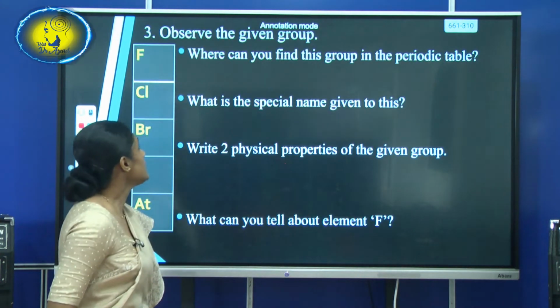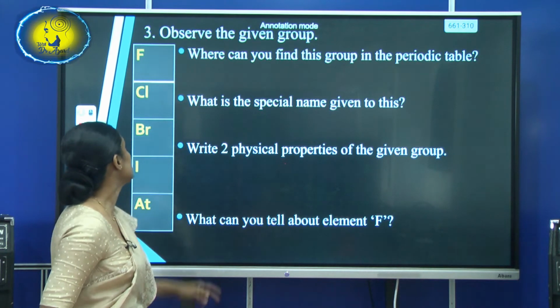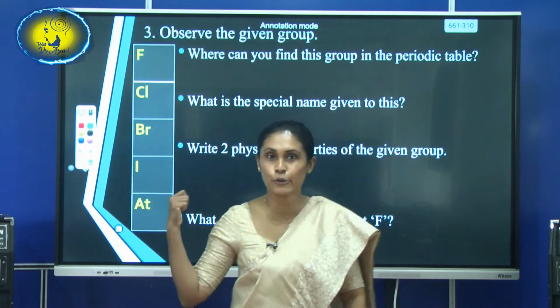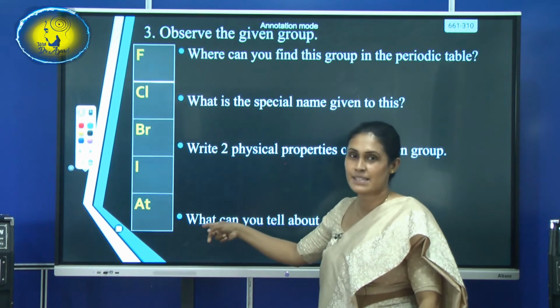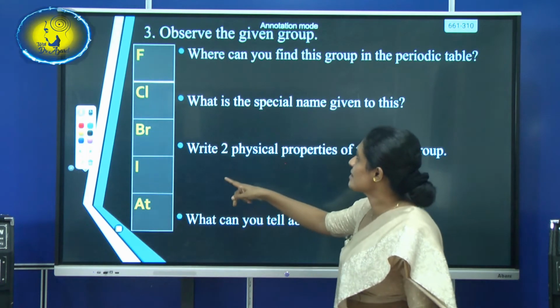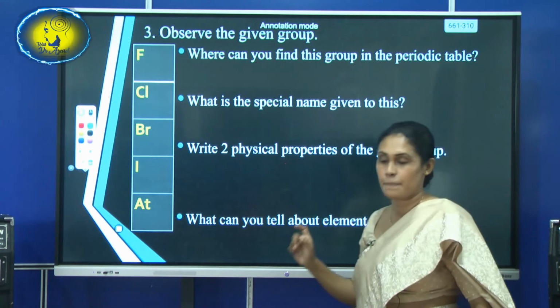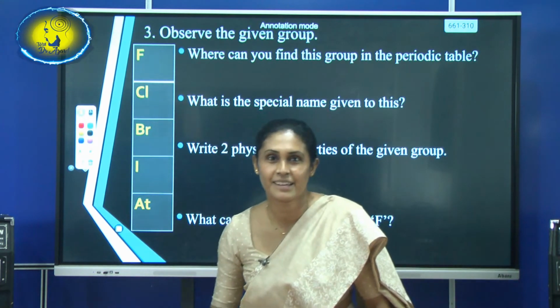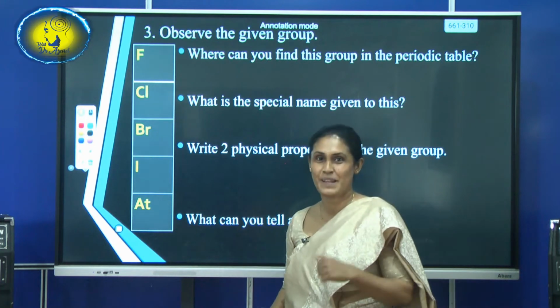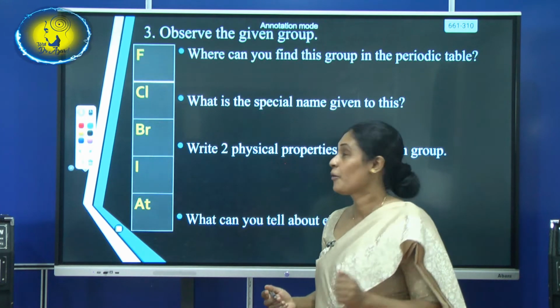Right? Observe the given group. See whether you can see the group well. I know at once you will understand what this group is. Where can you find this group in the periodic table? Don't say they are this place, that place. You know how to write the answer.